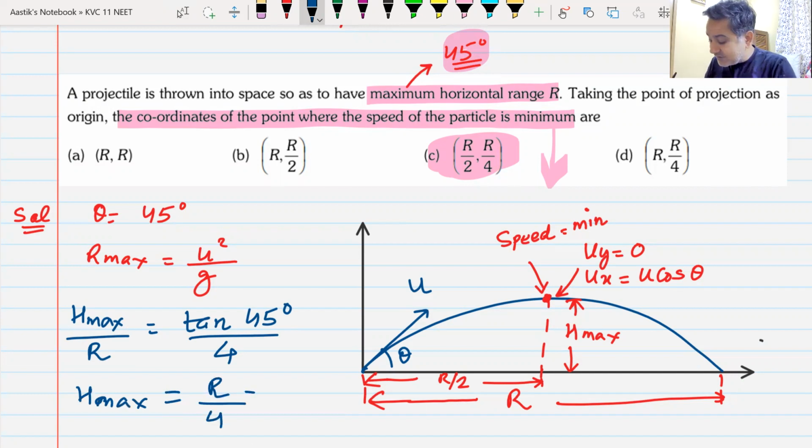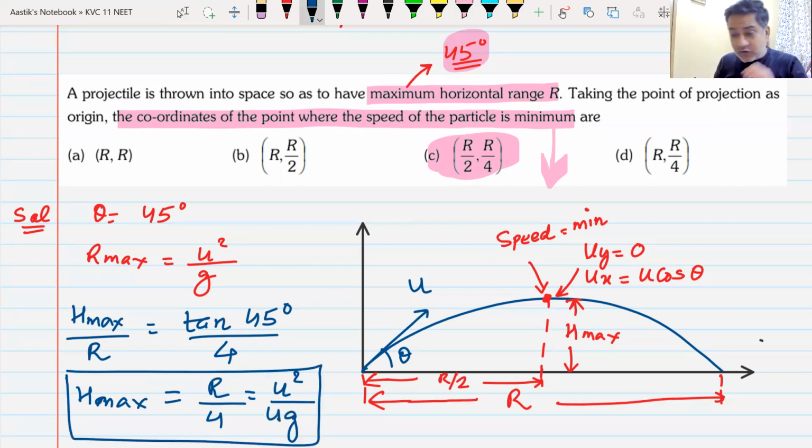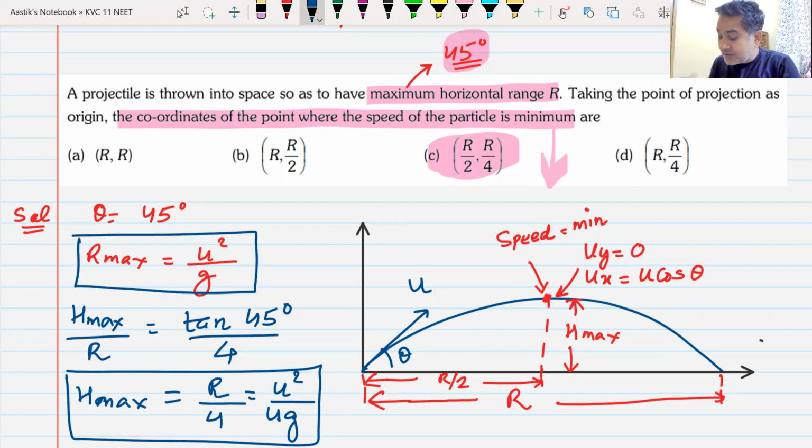In this case, the range is u square by g. So your H max becomes u square by 4g. This is the formula of H max for an angle of 45 degrees. This is the formula of range max for an angle of 45 degrees. So the x coordinate is r by 2 and the y coordinate is r by 4.